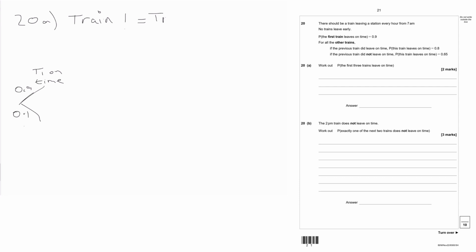And then we've got T1 not on time. And we can branch out from here. So train 2 on time. Well, if the first train is on time, then we're told that the probability that the next train is on time is 0.8, and therefore the probability is 0.2 that it's not on time.